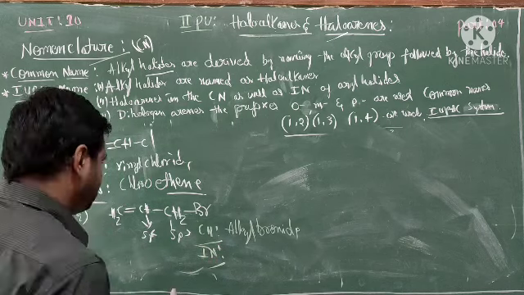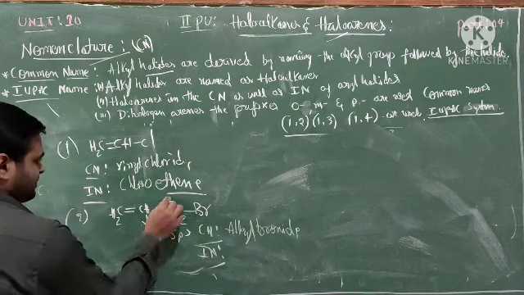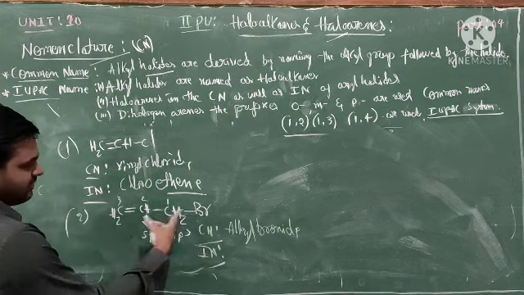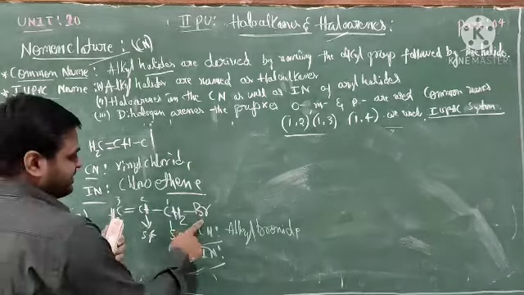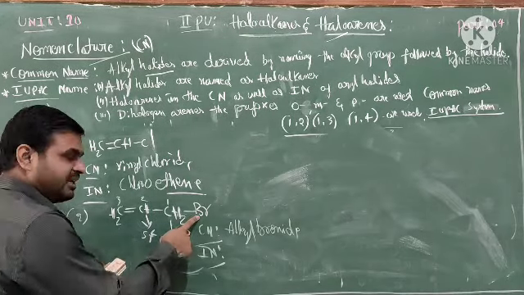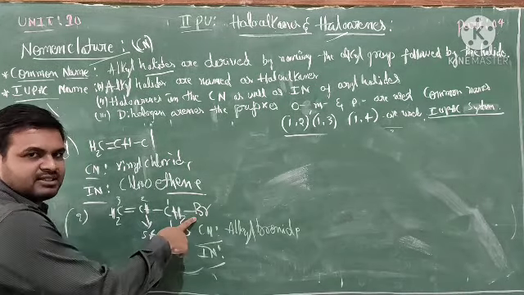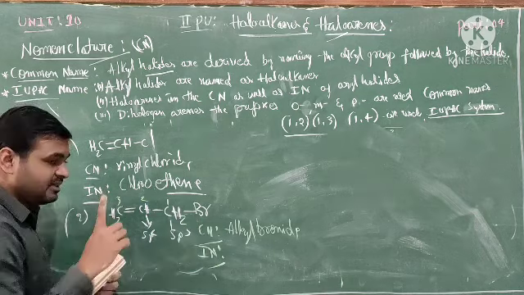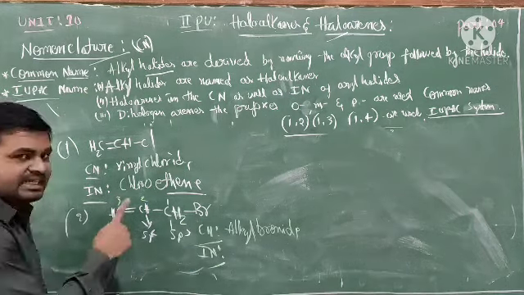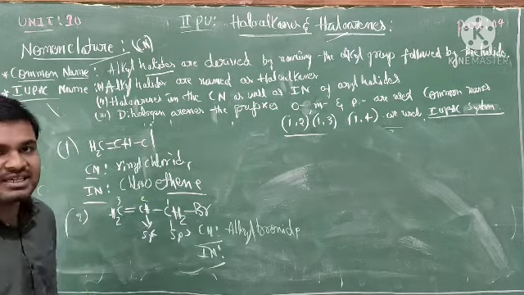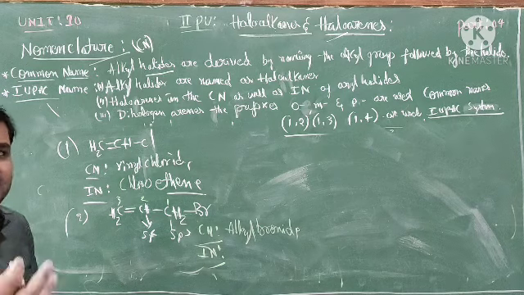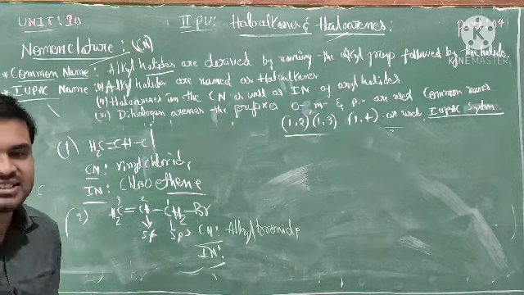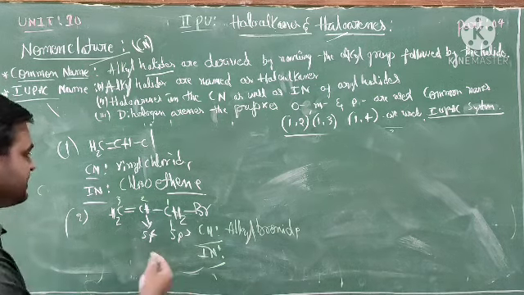For the IUPAC name, the longest chain has 3 carbon atoms. Numbering 1, 2, 3 from the bromine side would give the lowest number to bromine, but an alkene group is also present. The double bond has priority in numbering, so start with the alkene group at the lowest number.